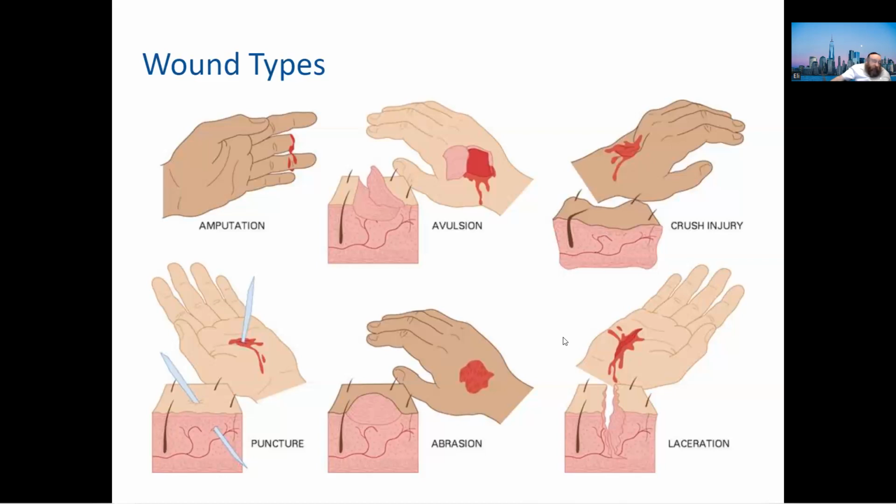There is also another word called an incision. Usually an incision will be made with a surgical type of knife, a scalpel, that would be known as an incision. But in EMT school, everything just falls under laceration.